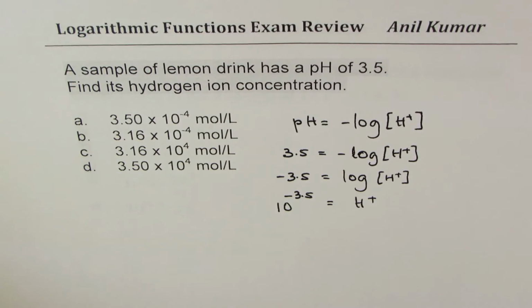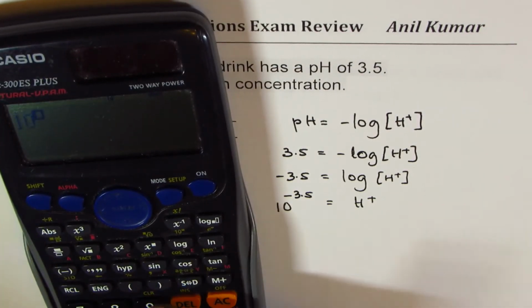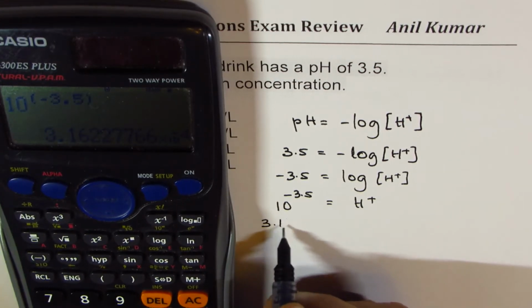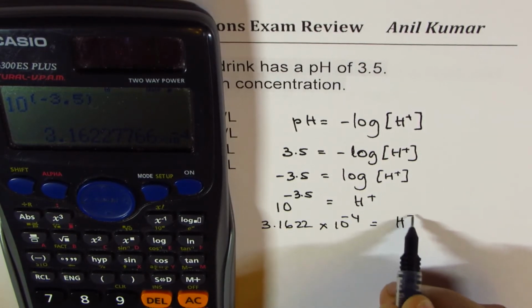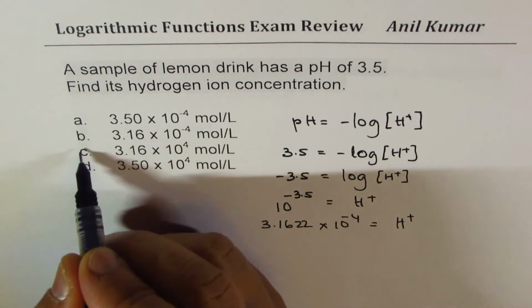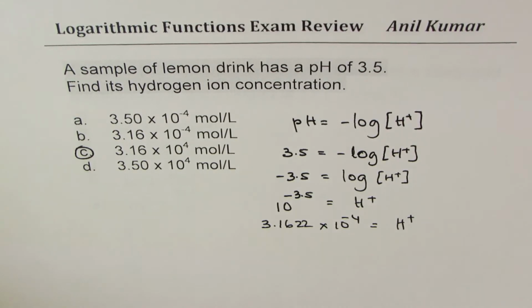So that's the answer. 10 to the power of minus 3.5 is equal to 3.1622 times 10 to the power of minus 4. So that's what we get, correct? Okay, so we have a matching value here as C. So that becomes the answer. So these are a few word problems which you may get when working on logarithms.